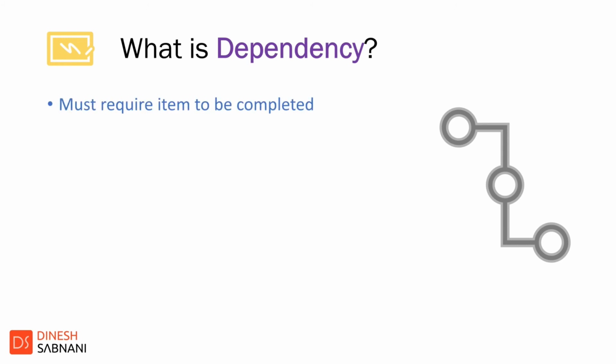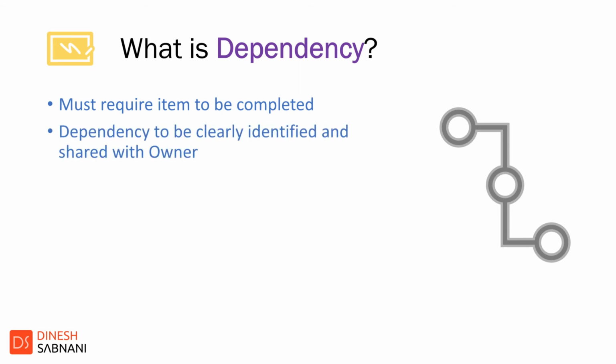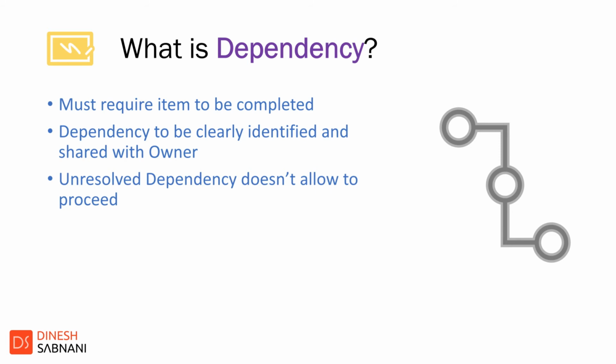Dependency, as the name suggests, is a must-require item to be completed in order to make progress in the project. It can be a deliverable, a sufficient budget, or a pending approval. Project manager is required to track the dependencies in the RAID log. It allows the project to start and progress with required items in place by resolving the dependencies.